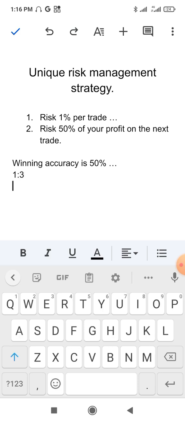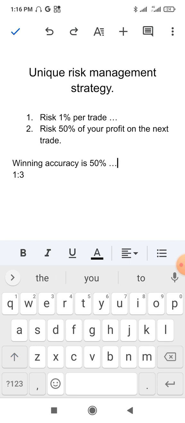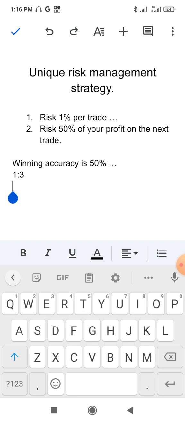I don't think there's any of our trades that is below 1:3. And even if we get a 1:3 trade, it's one of those quick trades, so maybe it's not really a swing. But if we swing, it's mostly 1:10, 1:20, 1:30, 1:40, 1:50. But let's just say 1:3.